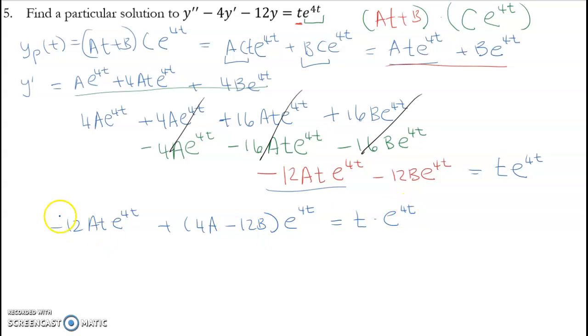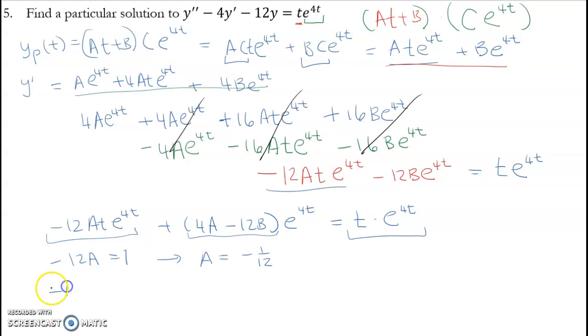All right, so we can get to some deductions here. First, we know that negative 12a must equal 1. That's from these two parts being equal. So here we can get that a equals negative 1/12. And this part should equal 0 because we don't see any term with e to the 4t alone.